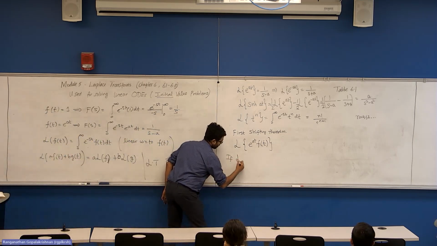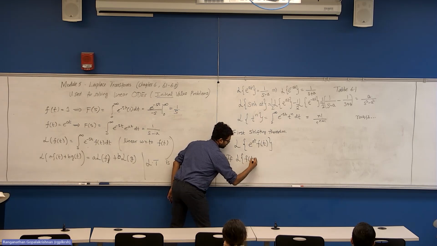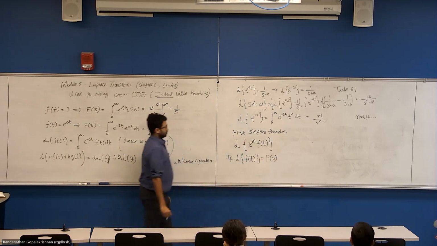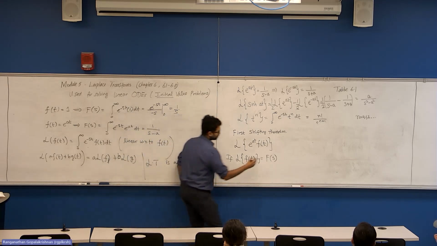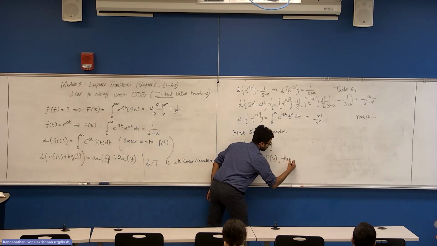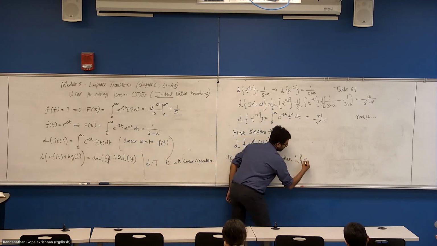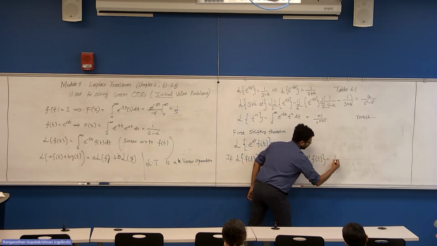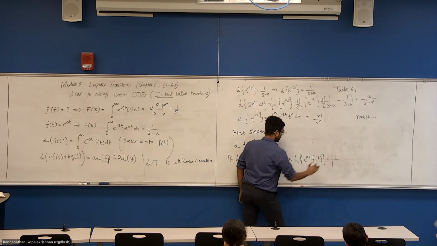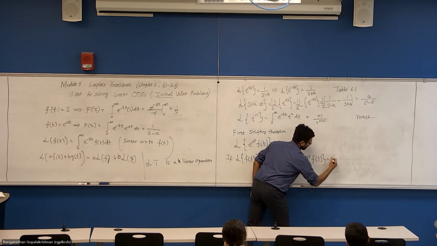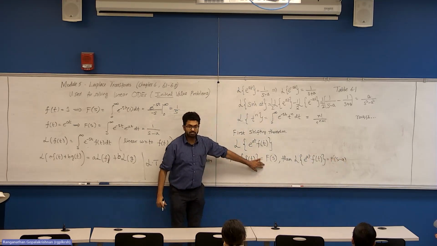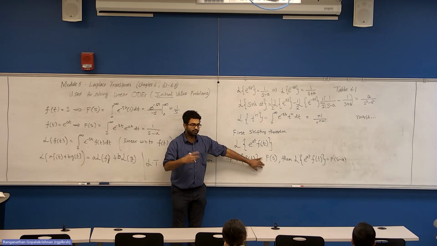If the Laplace transform of f of t is known to be, let's say, F of s, then the Laplace transform of e power at times f of t is simply F of s minus a, which is whatever F of s is, wherever s appears, replace it with s minus a.